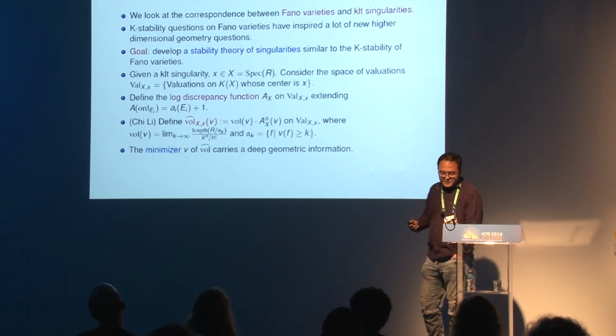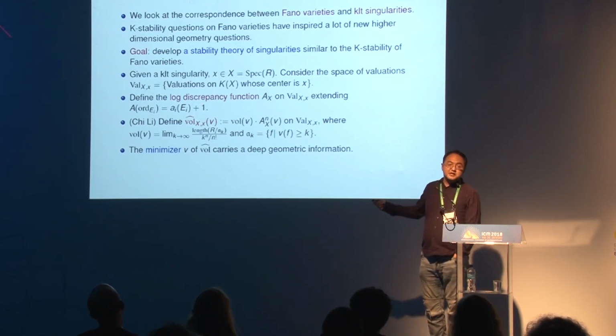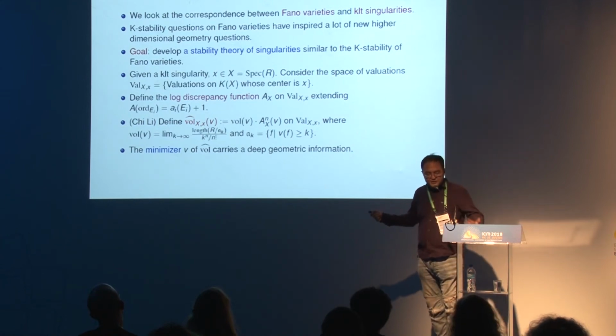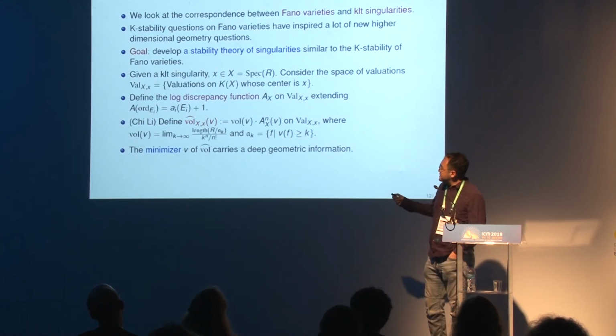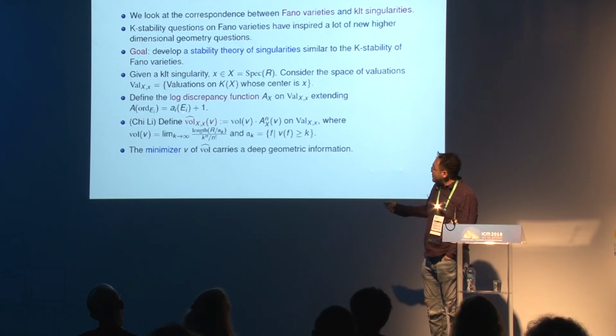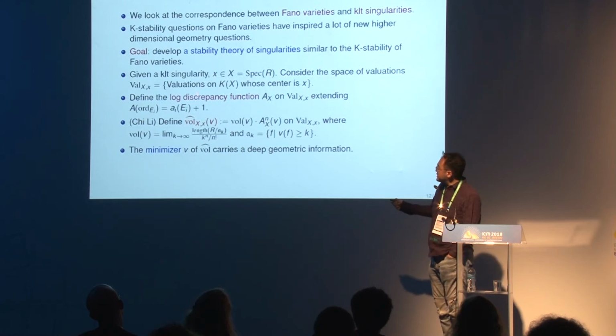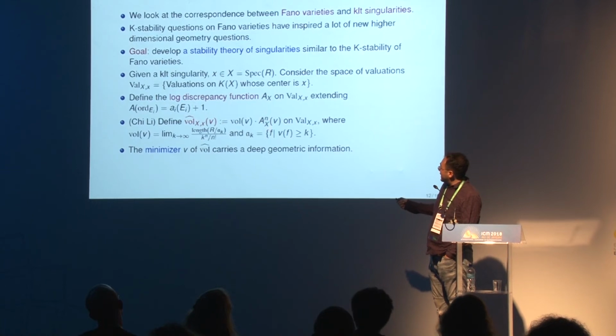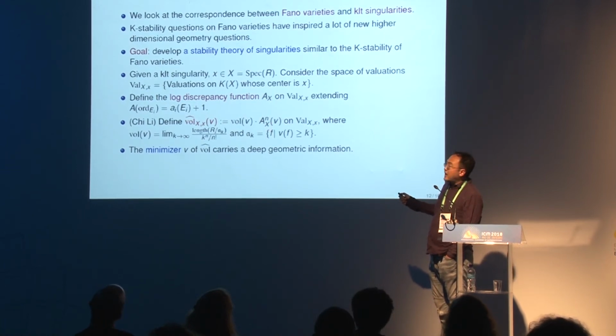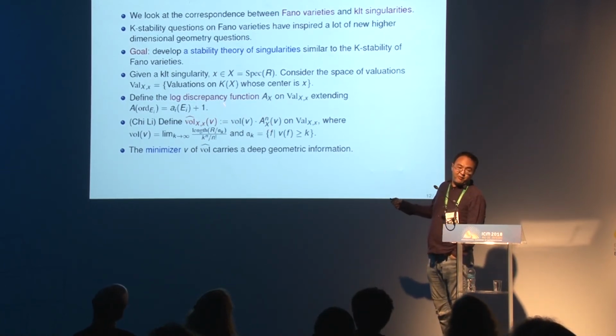But the crucial definition is by Chi Li. Actually, he is a complex geometer, so somehow his background is to study metrics. But then he made this algebraic definition that the normalized volume of a klt singularity, for a valuation v, is just defined as the volume times the log discrepancy A(v) to the power n. Because it's klt, this number is always positive.